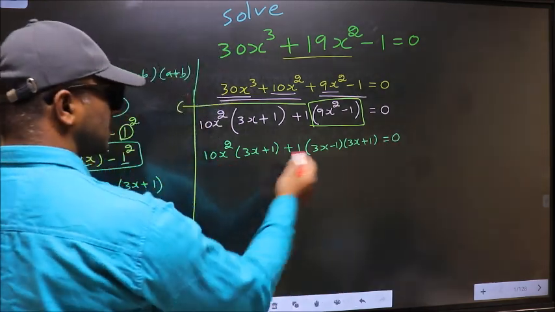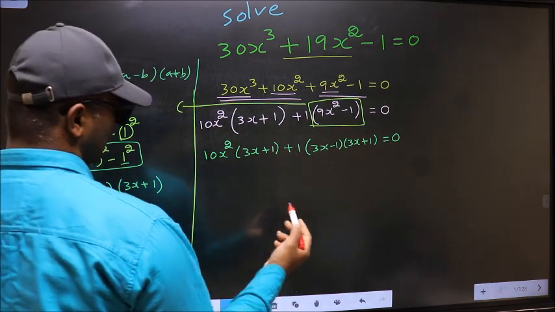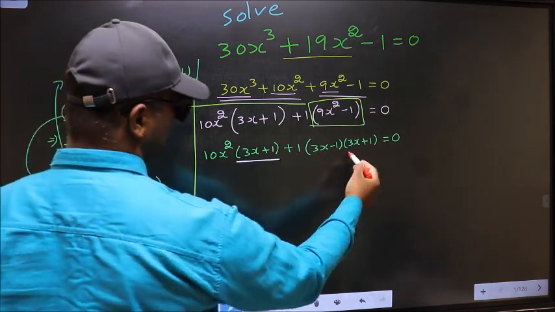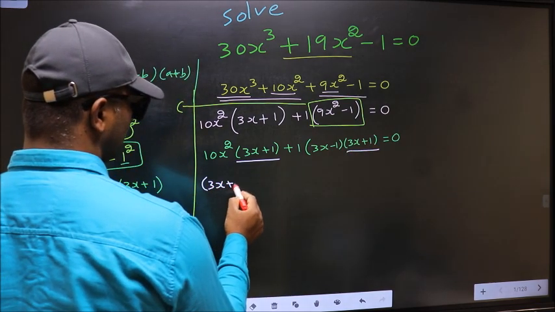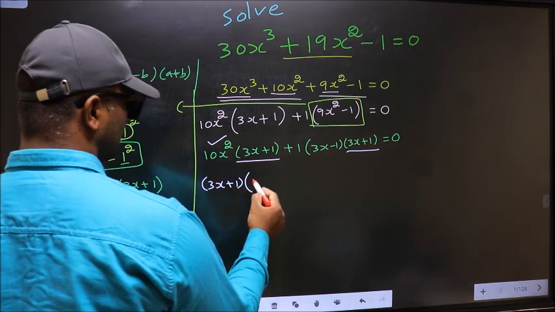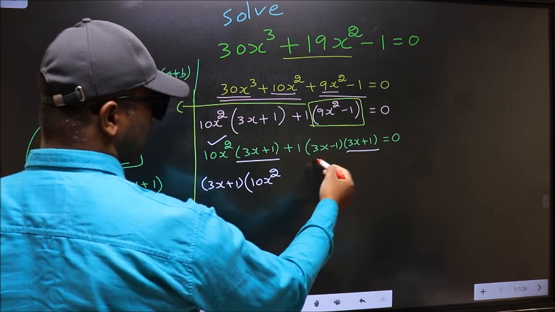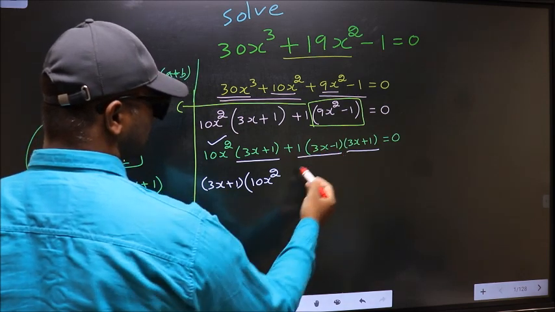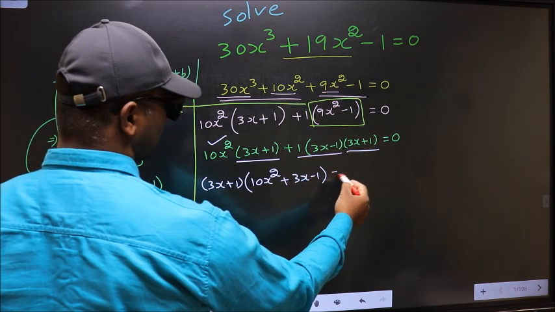Now from this entire equation, what can be taken out common is 3x + 1. So 3x + 1 outside. Here we are left with 10x², and over here we are left with 1 times (3x − 1), is the same thing, 3x − 1 = 0.